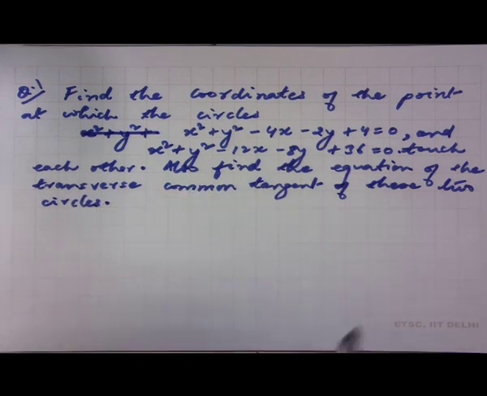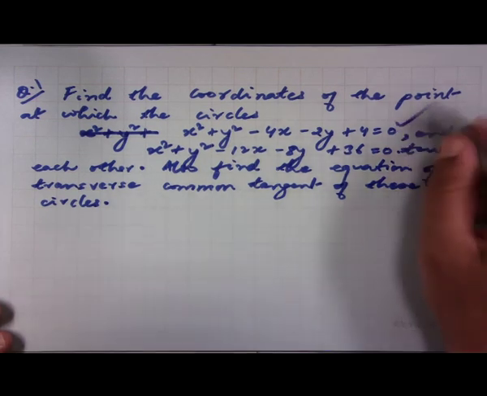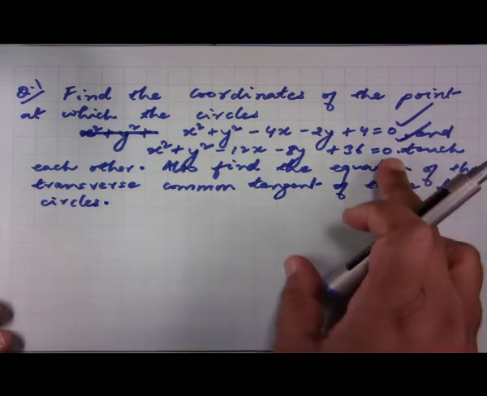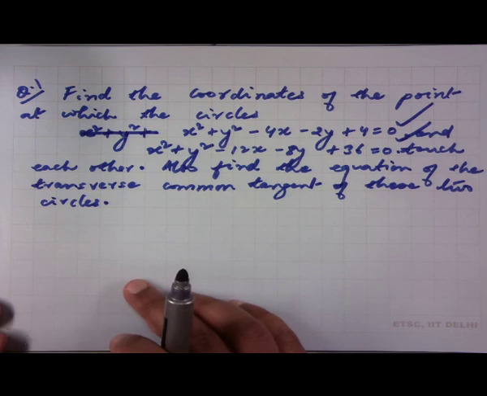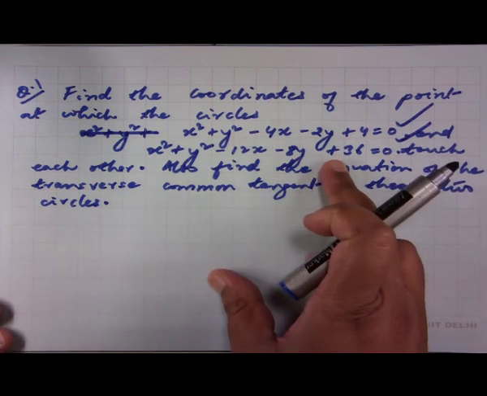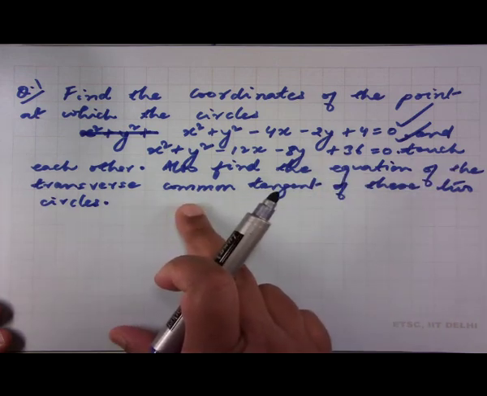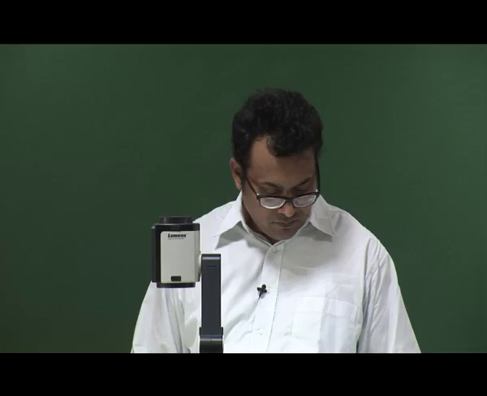So the problem statement is very clear. We have two circles and it is said that they touch each other, and in that case we are asked to find the coordinates of the point where they are touching each other, and then further we are asked to find the equation of the transverse common tangent between these two circles.